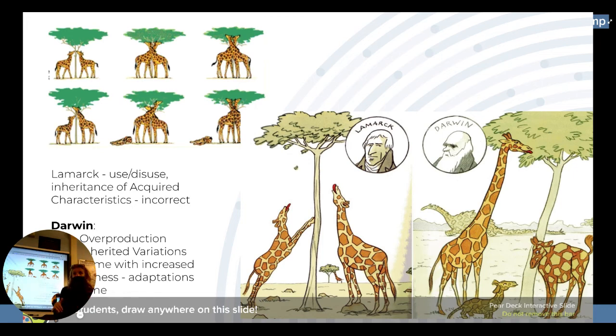He was wrong, because he had a couple ideas. What were his ideas? Use and disuse and inheritance of acquired characteristics. So if I use it, my offspring will inherit it, right? If I don't use it, my offspring won't inherit it, right? That was his idea. So that's not true, right?